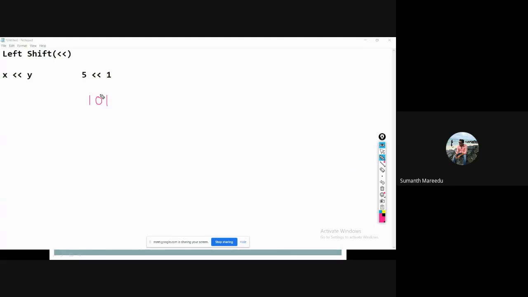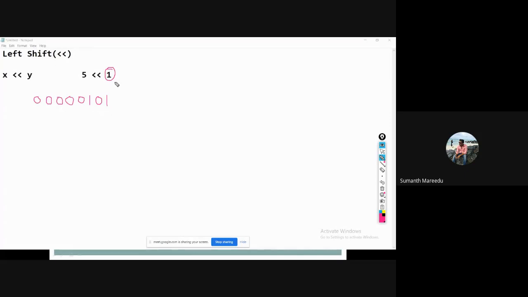For the minimum I require 1 byte, so I'll represent it like this, prefixing it with zeros. Now I want to shift the position of these bits by one position towards the left.